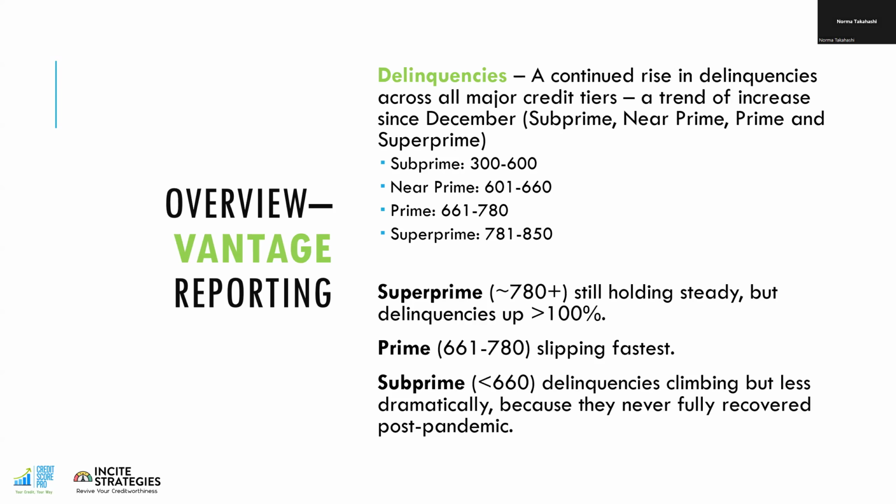So we're seeing a lot of people drop down from prime scores into the near prime and even the subprime categories. And those in subprime are kind of staying put. We're not necessarily seeing a massive increase in delinquencies, but we're not really seeing them recover from those lower credit score ranges.